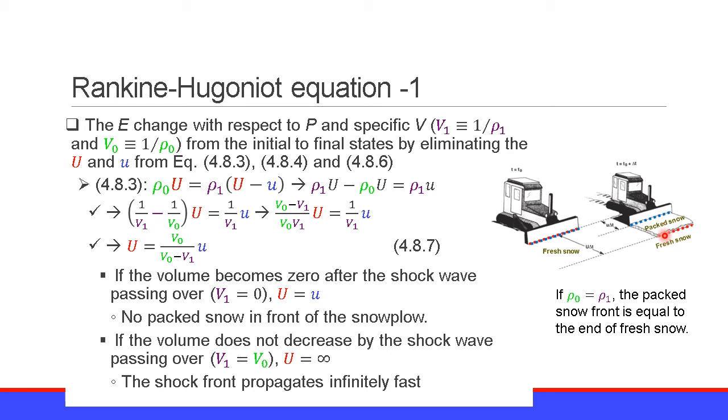Instead, the front of the packed snow is infinitely far from this snow plow, or just at the end of the fresh snow, because fresh snow and packed snow are identical. As a result, we can consider that the shock front propagates with infinitely fast velocity.